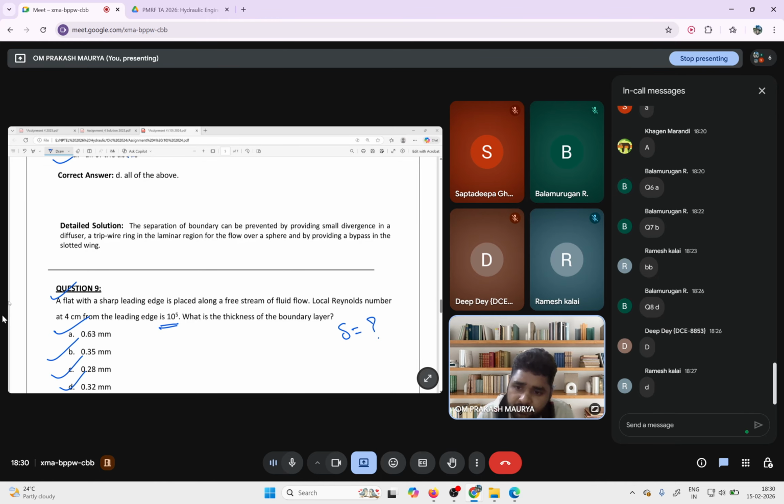A flat plate with a sharp leading edge is placed along a free stream of fluid flow. The local Reynolds number at 4 cm from the leading edge is 10 to the power 5. What is the thickness of boundary layer?